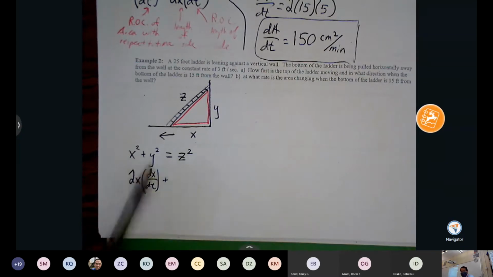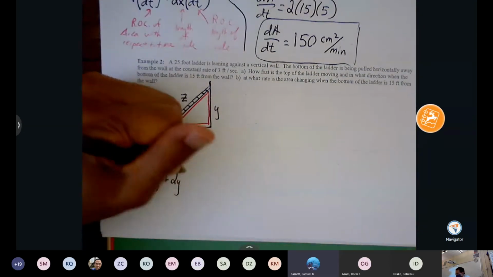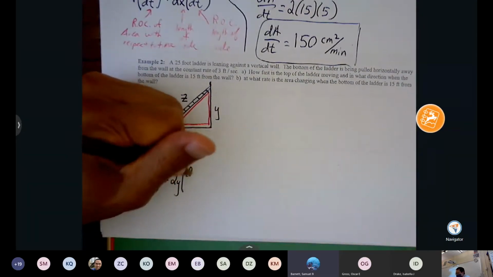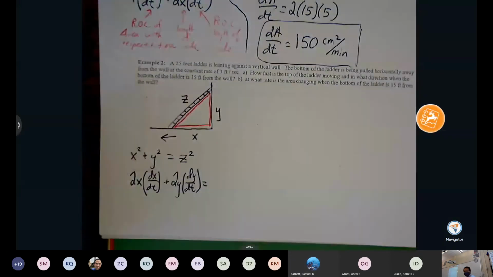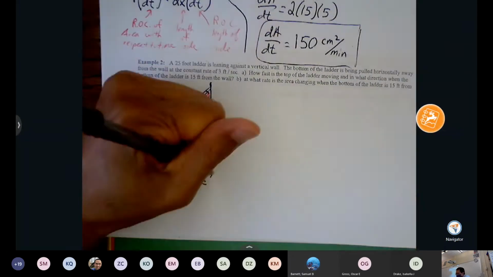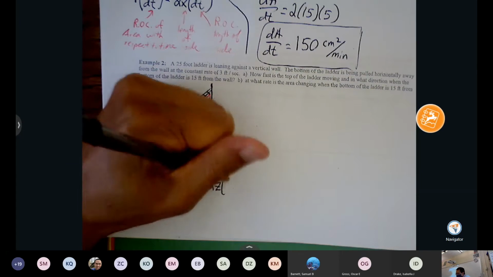Okay, go down the line here. y squared becomes, what's the power rule there? 2y dy over dt. Good. And I think we follow that pattern with the z on the other side, right? z squared is 2z dz dt.